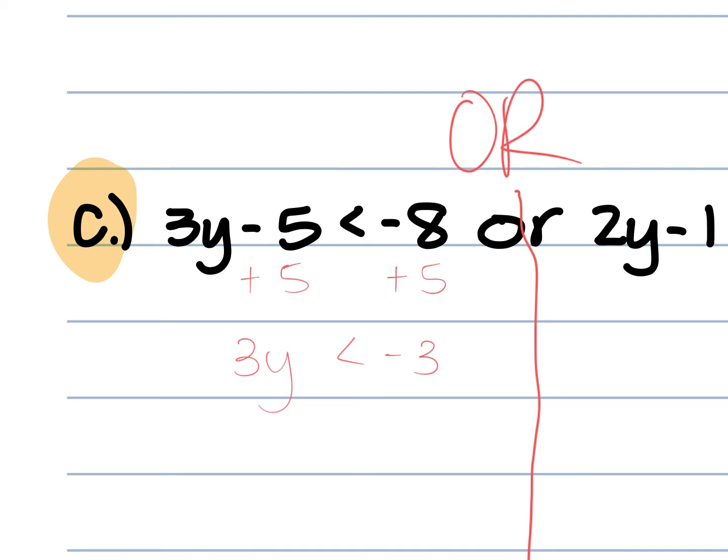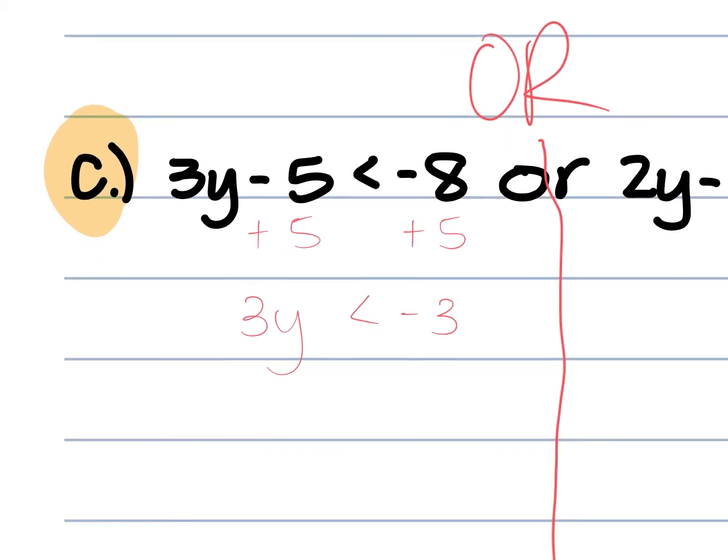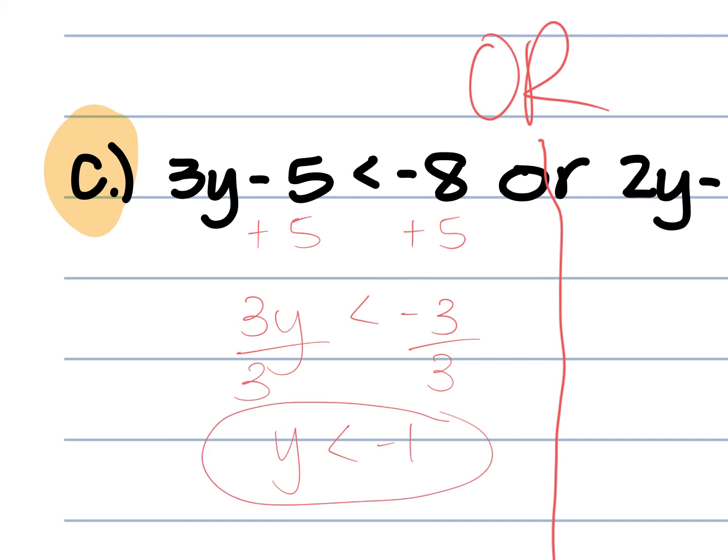Do you guys agree? Who knows that final step for solving this guy? Caitlin? Excellent. Divide by 3. I'm going to get y is less than negative 1. Am I done with that inequality? How do you know? Y is by itself. Are we Gucci there? Okay, let's do the other one.